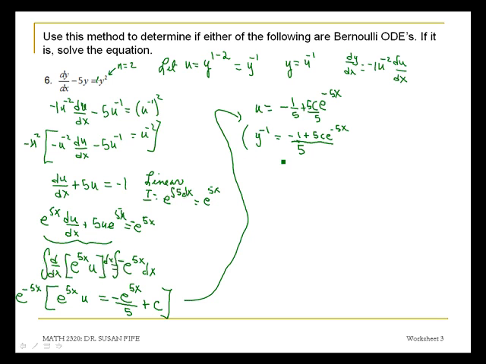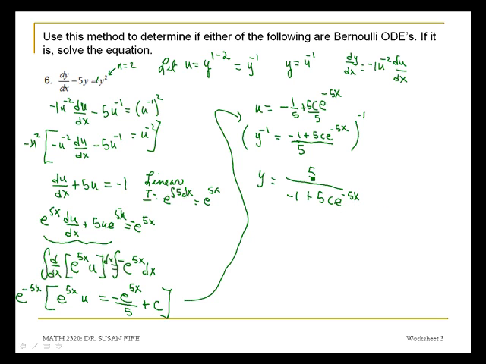And then applying the reciprocal to both sides, raising both sides of the equation to the negative first power, I can solve for y. And on this fraction, I'll just flip it. So I get 5 over negative 1 plus 5c e to the negative 5x.